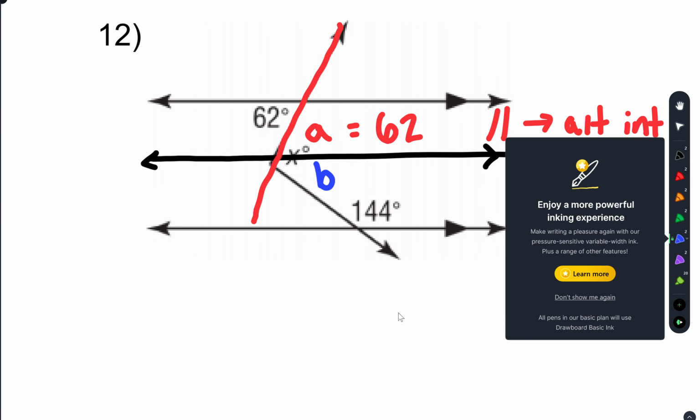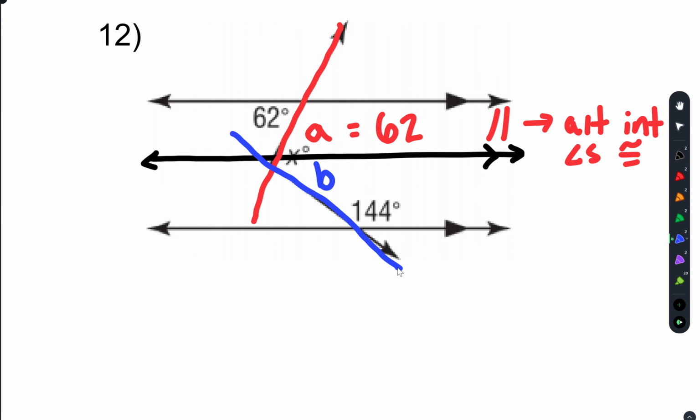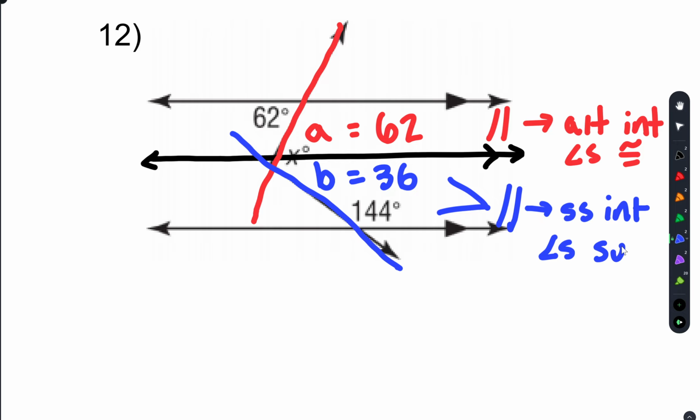Let me extend this transversal. Almost done. Give me one more answer here. What's angle B? Yeah. How'd you get it? Because what are these two angles? Same side interior angles are supplementary.